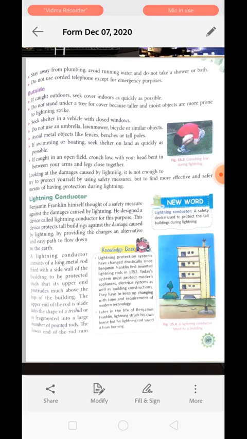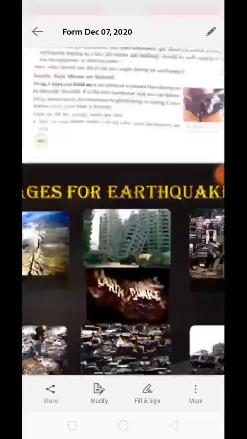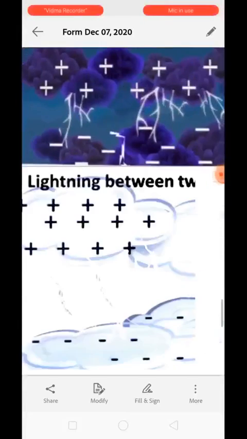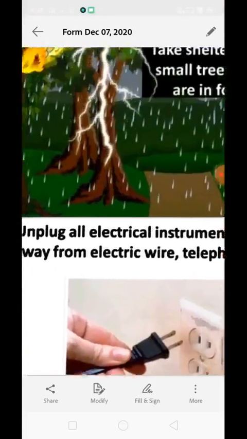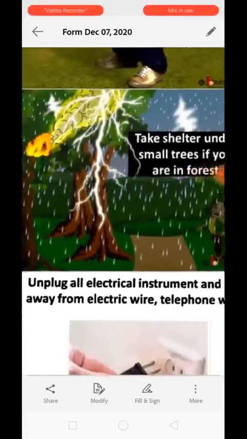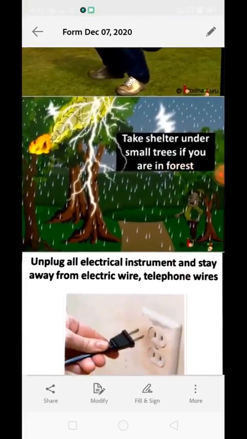Do not stand under a tall tree for cover because taller and moist objects are most prone to lightning strikes. You should always take shelter beneath some smaller object, because a tree can attract lightning and you may get killed.